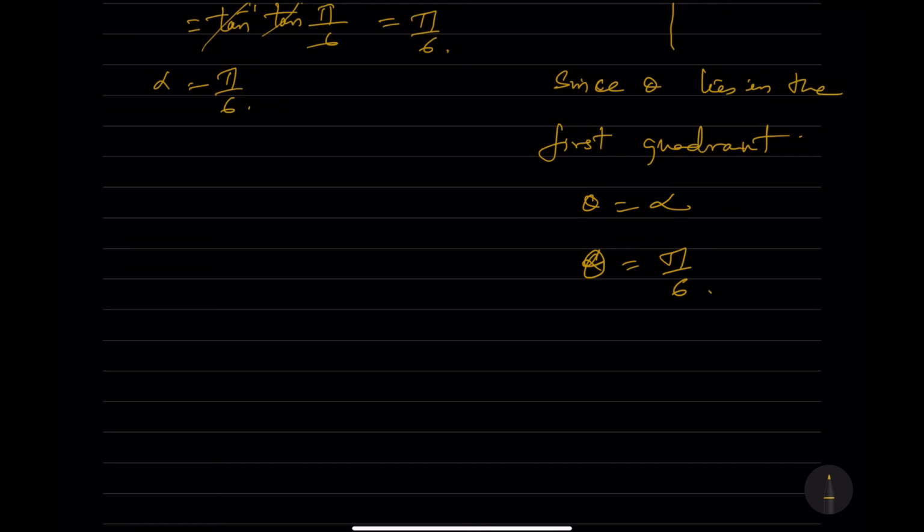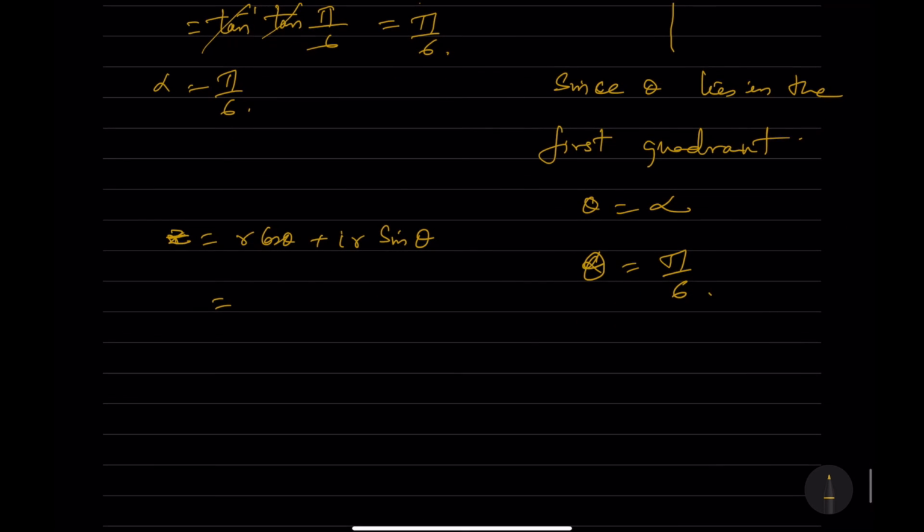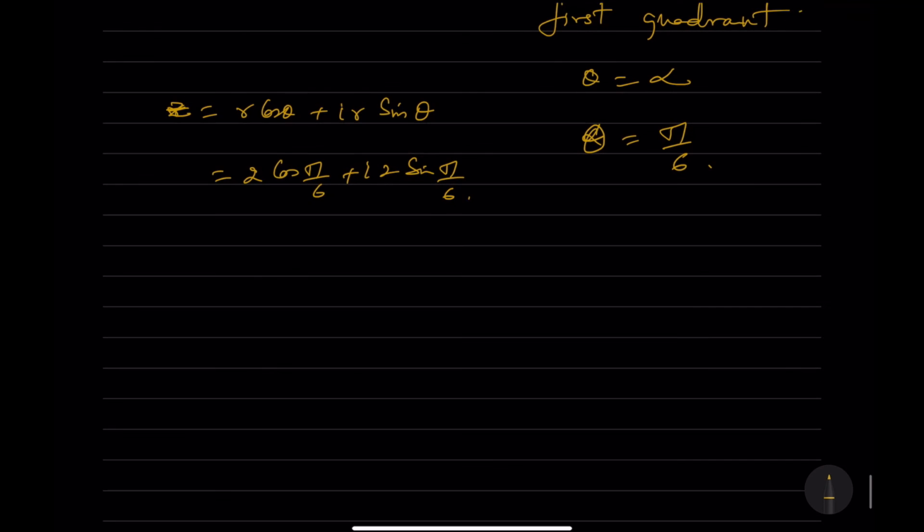So now we'll write down the polar form. Z is equal to r cos theta plus i r sin theta, where r is 2. So you're getting 2 cos of pi by 6 plus i 2 sin pi by 6, which is equal to, if you take 2 common, 2 times cos pi by 6 plus i sin pi by 6.